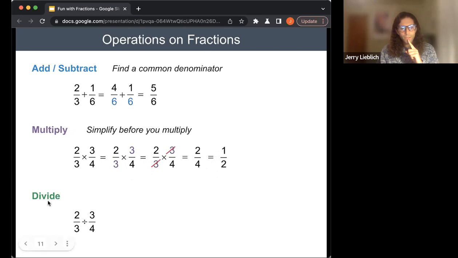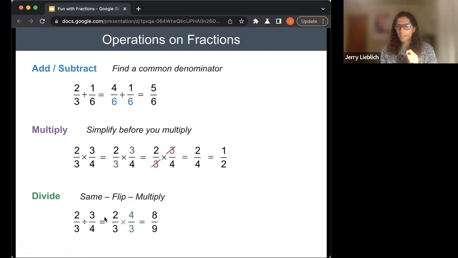Division is very similar. Like multiplication, we're going to simplify before we do the action, but you have to flip this second part and then multiply. So 2/3 divided by 3/4 is 2/3 times 4/3. And now here we ask, can I simplify anything? Well, actually I can't, so I'm just going to have to multiply across.